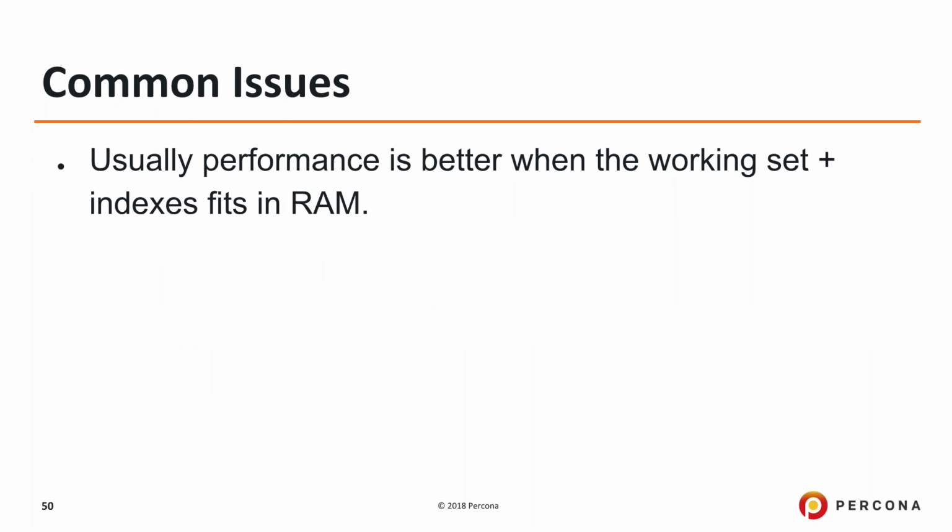Another common issue is what I usually call spilling over to disk, when you have a set of data that completely fits in RAM, and on day 36 of your launch, your RAM is full, and now you're starting to read from disk. That can be a surprise to some if disk performance versus RAM hasn't been tested, and that can be a common problem.